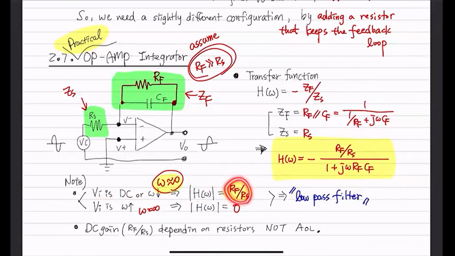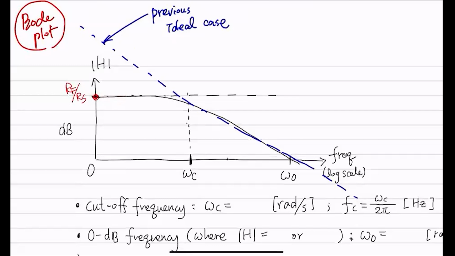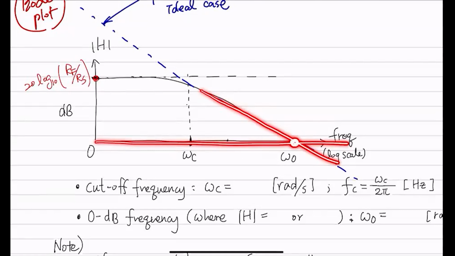So the value at this point is RF over RS, and that is going to be 20 times log base 10, right? Because we have converted that into decibel scale, okay? And it starts to bend at a frequency, the cutoff frequency, and there is additional frequency that is called 0 dB frequency when this line crosses the 0 dB, okay?